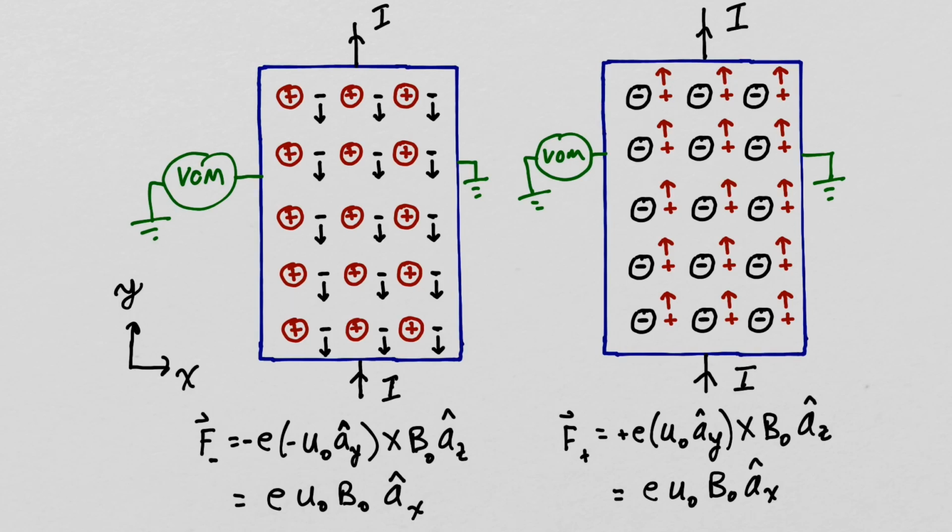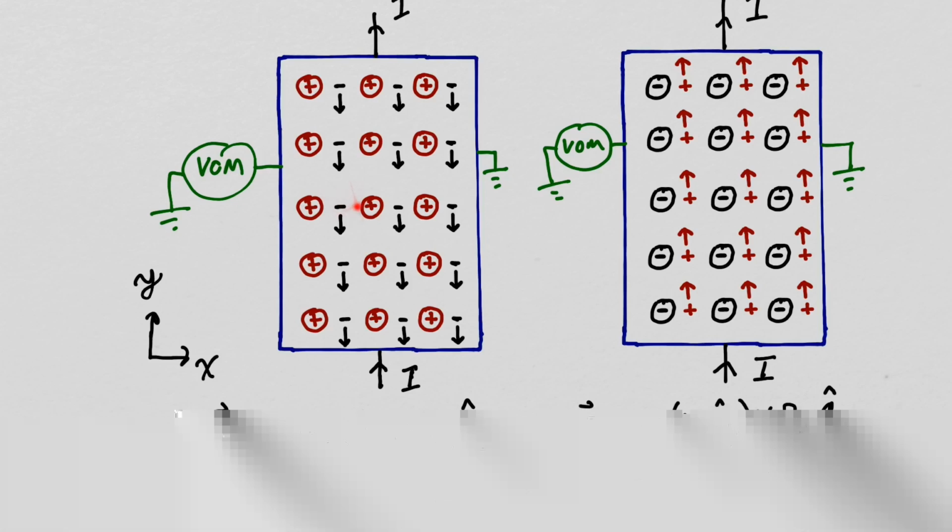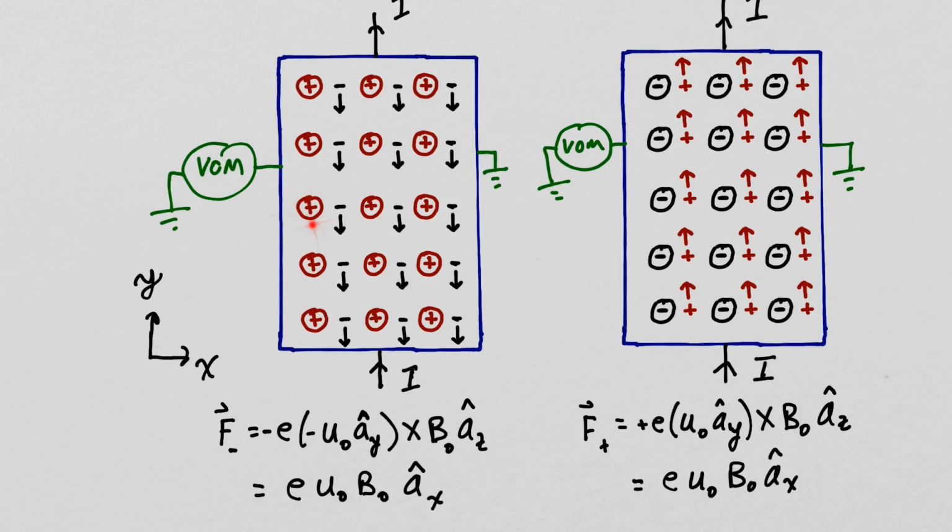If the only force these electrons were experiencing was the force due to the magnetic field, they would all pile up on the right-hand side of the gold. As the qu cross B force pushes the negative charges to the right, there builds up a Coulombic attraction between the non-mobile positive part of the atom and the negative charges.